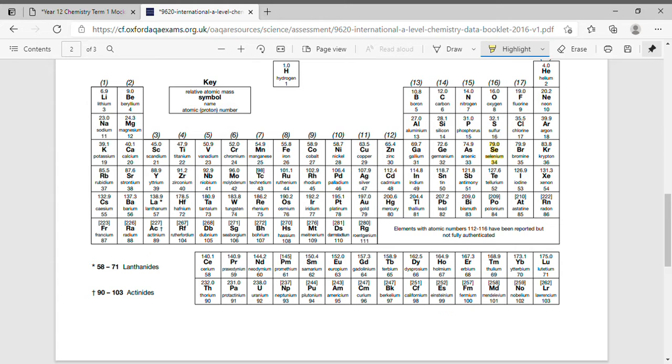So it's in the p block. This is p1, p2, p3, p4.